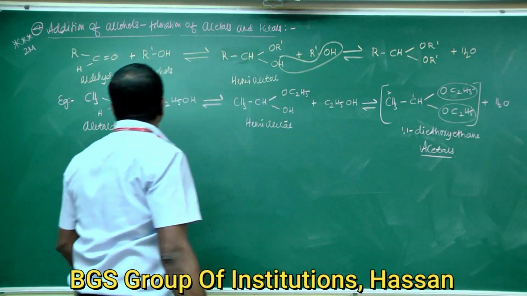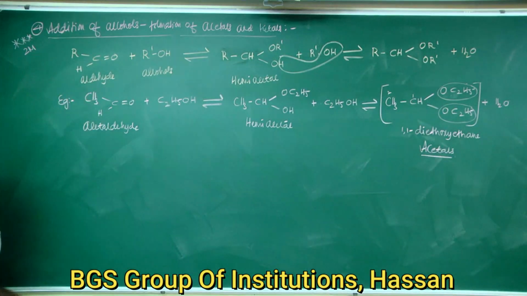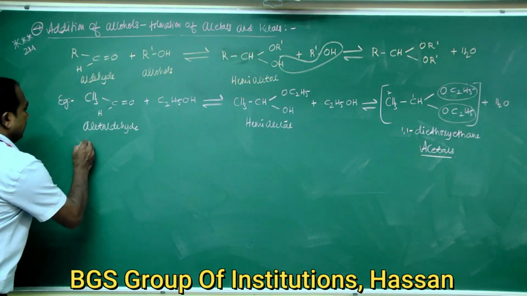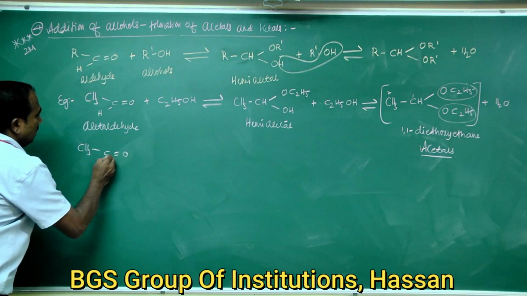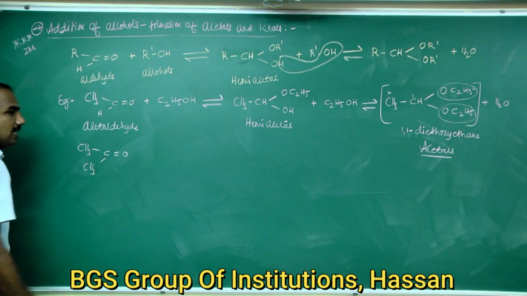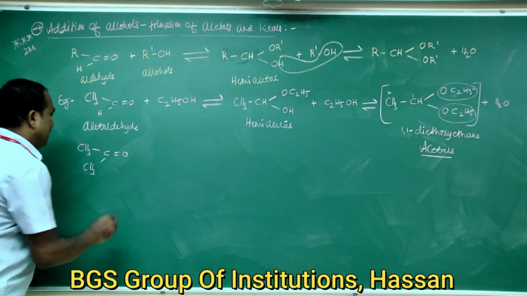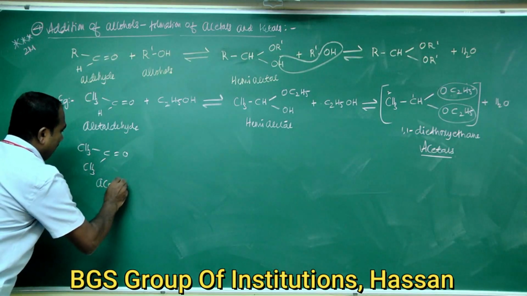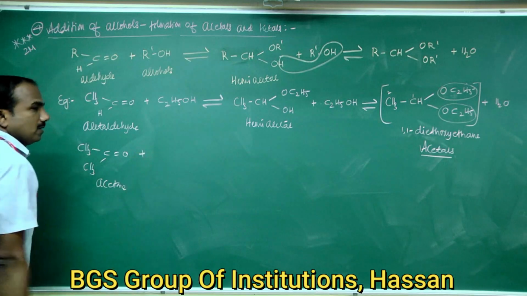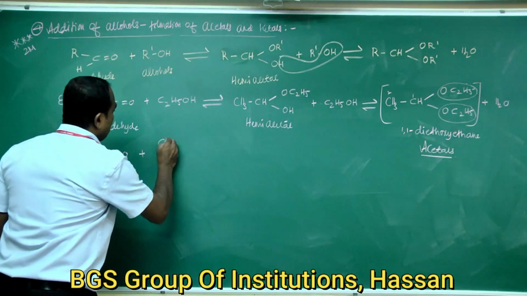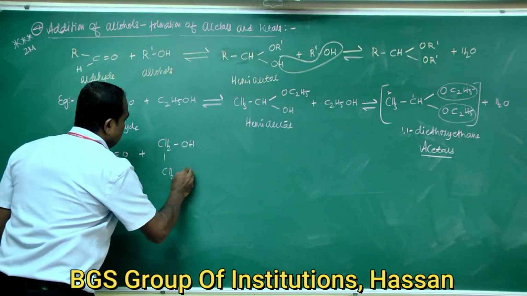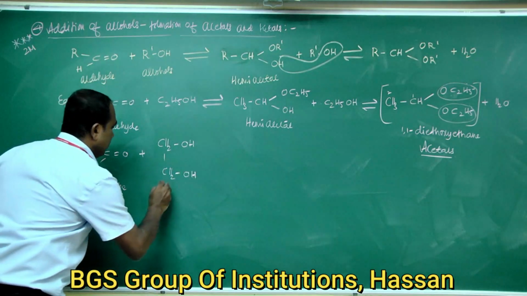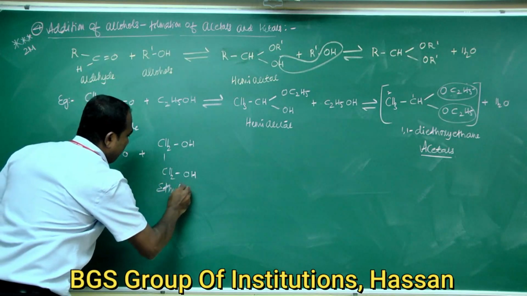Okay, so next is formation of ketals. CH3, C double bond O connected to single bond CH3, that is acetone, adds to ethylene glycol, CH2OH single bond CH2OH. This is ethylene glycol.